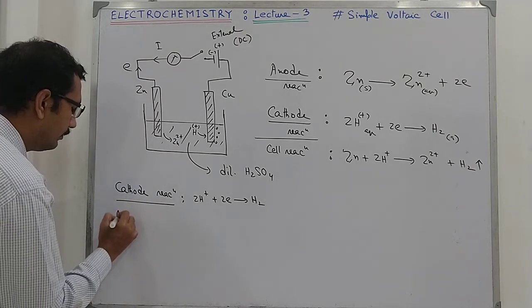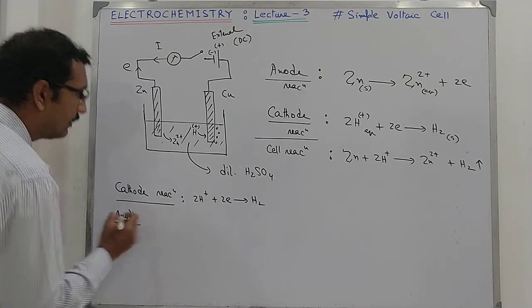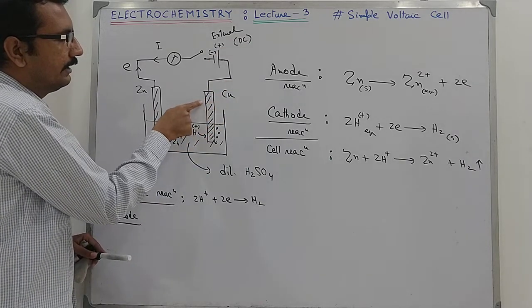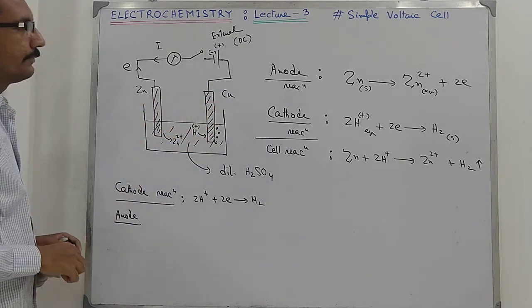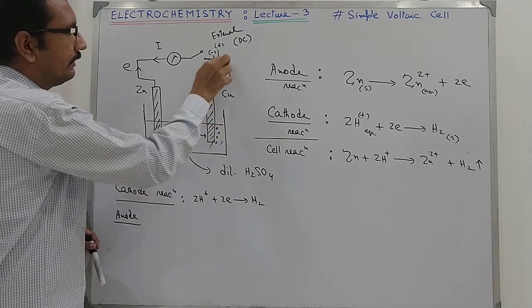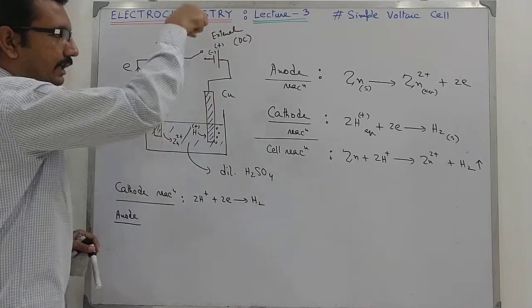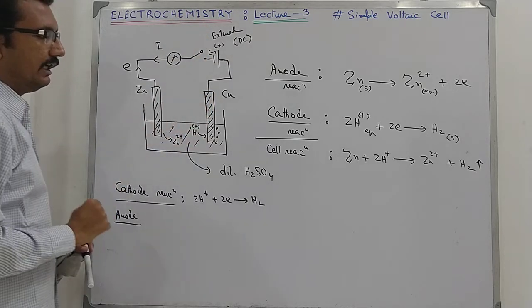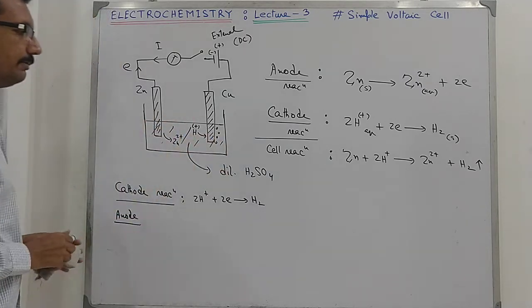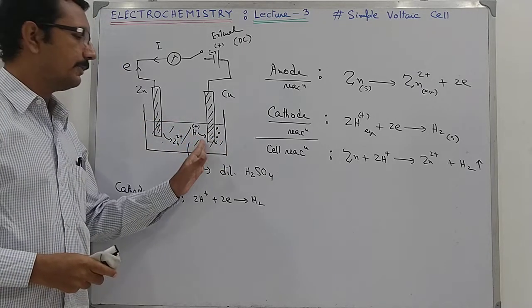And since the positive terminal is connected to this copper electrode, what will it do? This potential will extract electrons from this electrode. So we will have the release of copper atoms in the form of copper 2+.